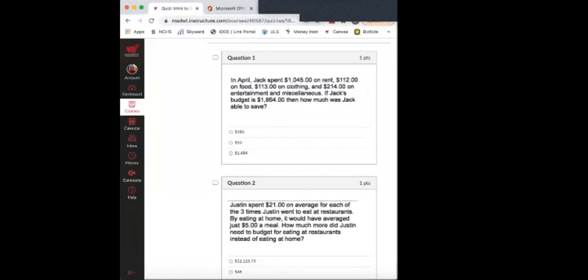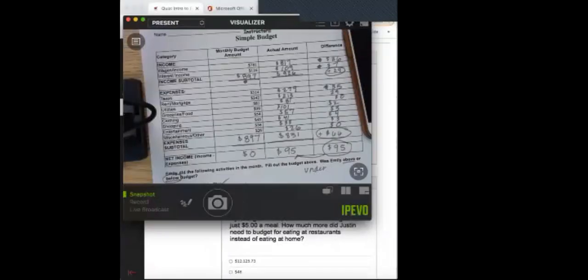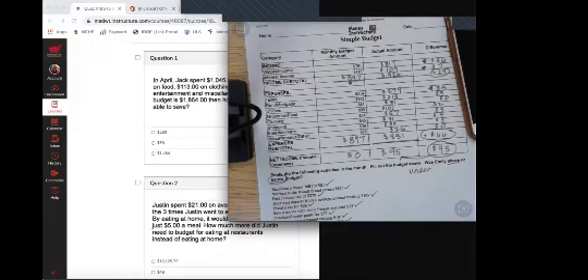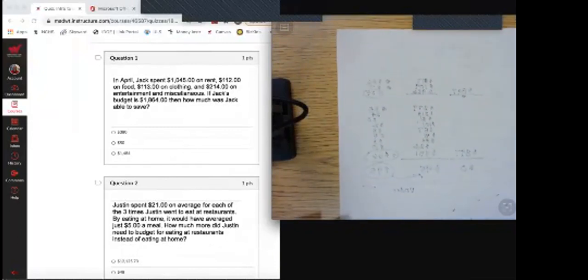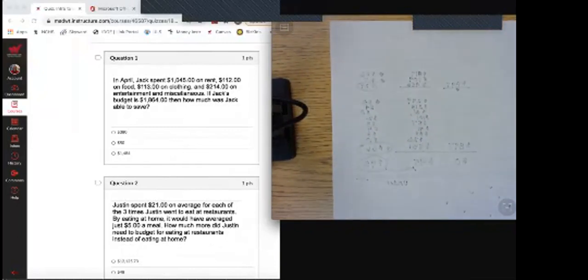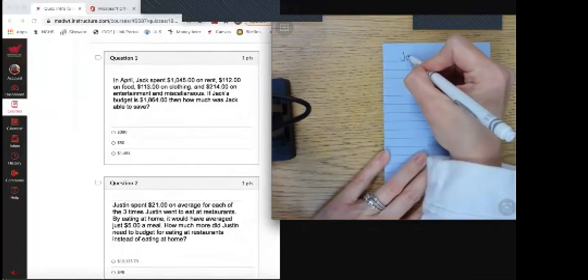All right, so let's see here. We are going to scoot this over here, and I'm going to use the back side of this. Or how about a new piece of paper? So here we have Jack, okay?